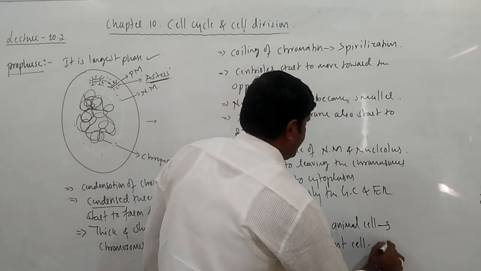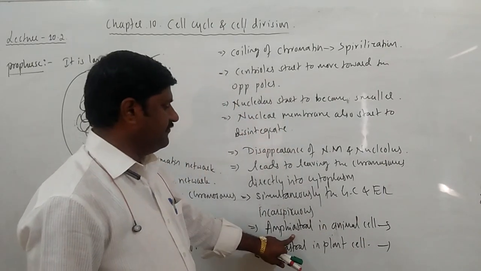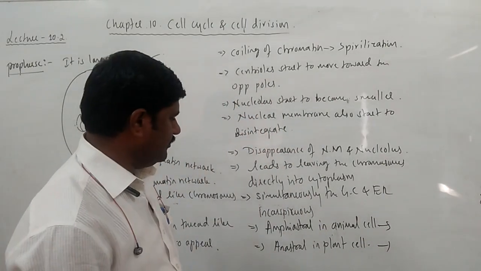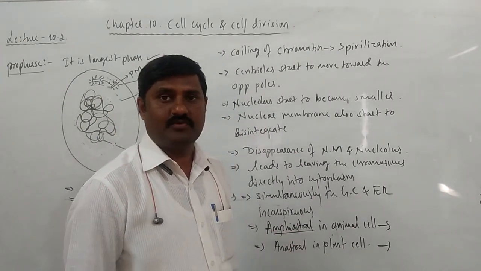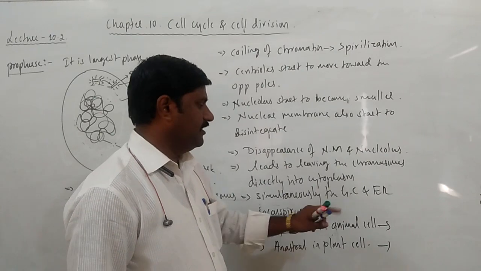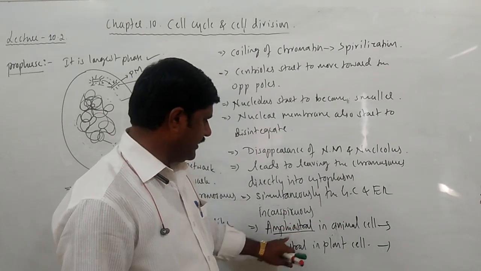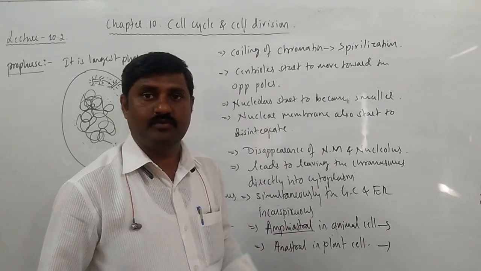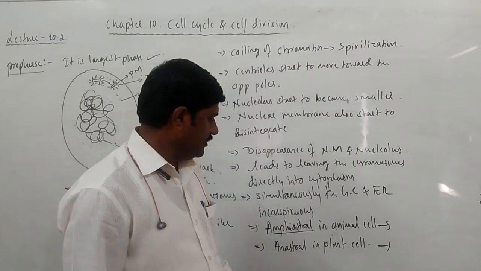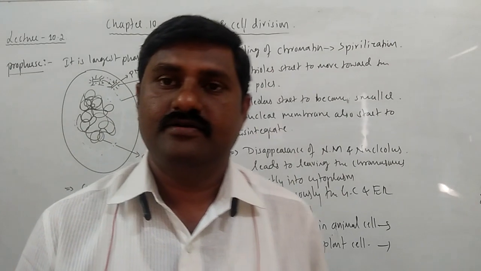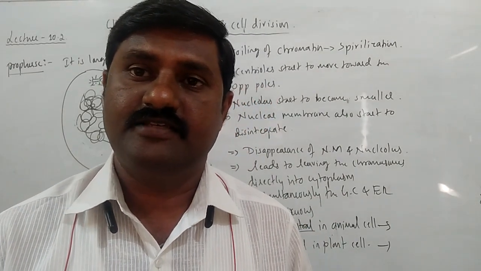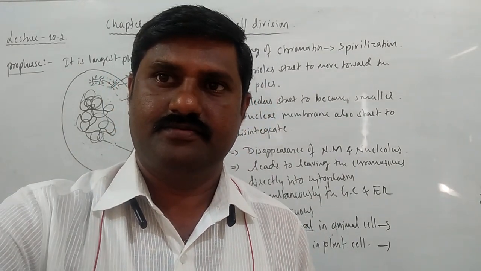The spindle fiber is amphiastral in animal cell. Why? Because two asters are formed over here, from which the spindle fiber is formed. But anastral means that there the spindle fiber is formed without centrioles.